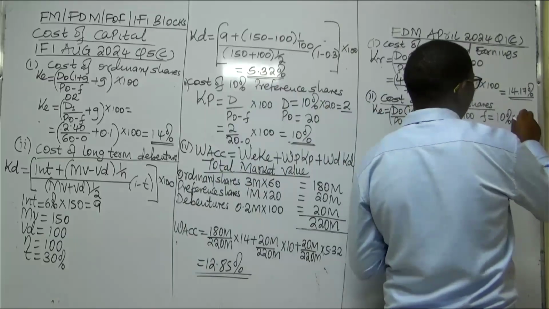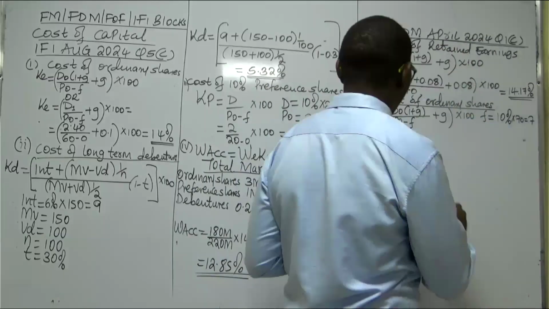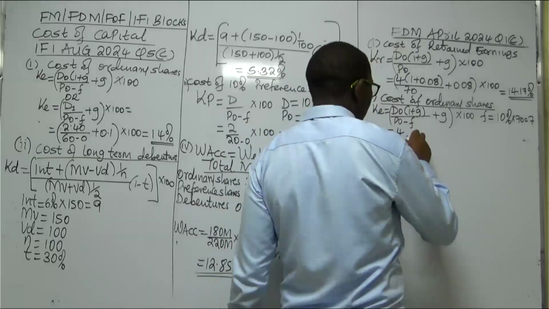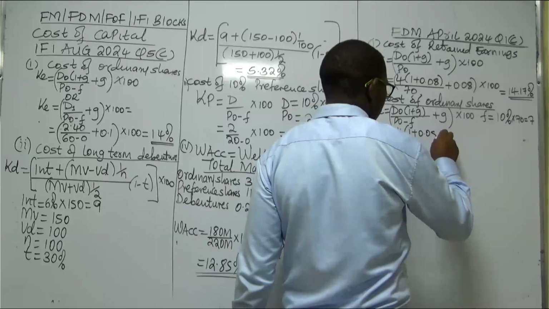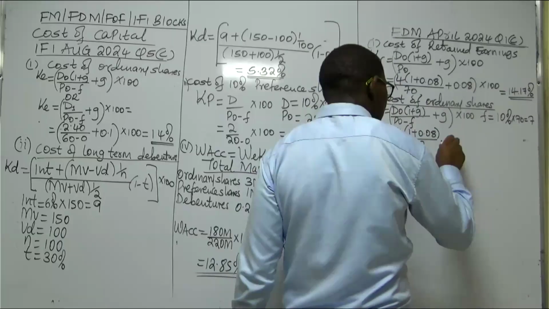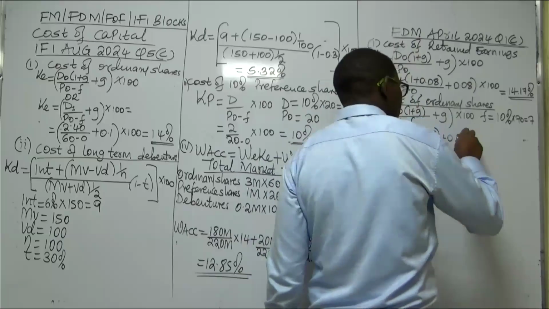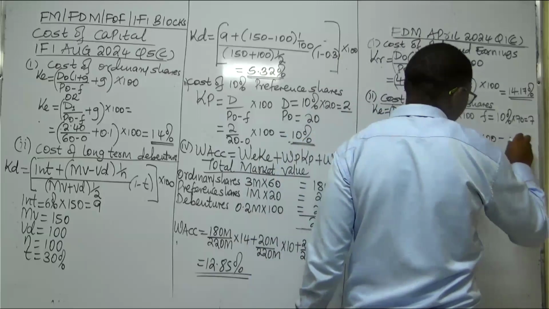So 10% of 70, which should be 7. Therefore, the only difference here is that I will let the flotation cost. So 70 minus 7, plus 0.08. Then you multiply by 100.